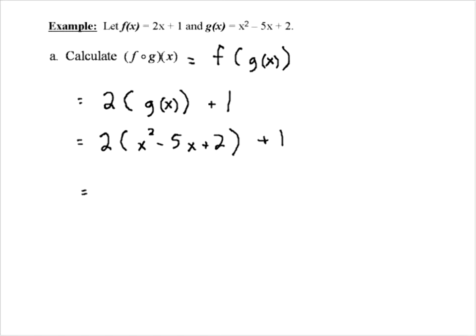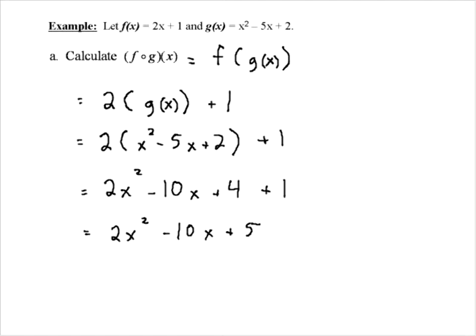So we're going to get 2x squared minus 10x plus 4, and again that 1 is going to come along for the ride. When it's all said and done, we're going to get 2x squared minus 10x plus 5. So that's f of g of x.